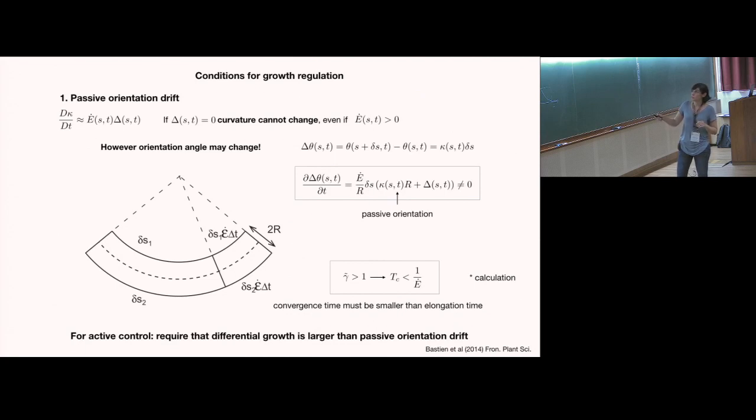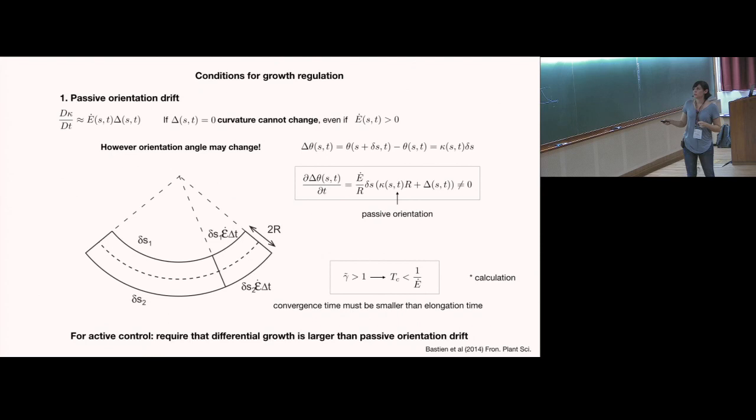So this means that we can now identify this term as a passive orientation term. And now it's obvious that in any system, if we want to overcome this passive orientation, this term has to be bigger than this term. If you make this requirement and play a bit with the equation, it boils down to having a gamma, the normalized one, gamma tilde, which must be larger than 1.